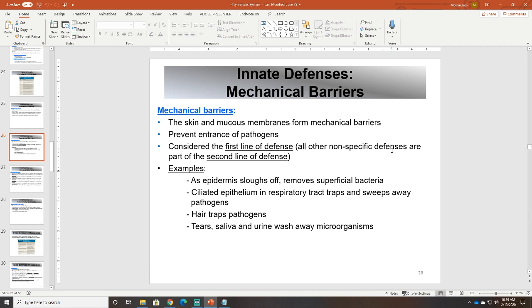All other non-specific defenses are part of the second line of defense. It's a physical barrier that keeps them out. The epidermis, of course, is made up of many layers of cells, and as they slough off, or basically fall off, they remove the bacteria that was sitting there on the surface of the skin.